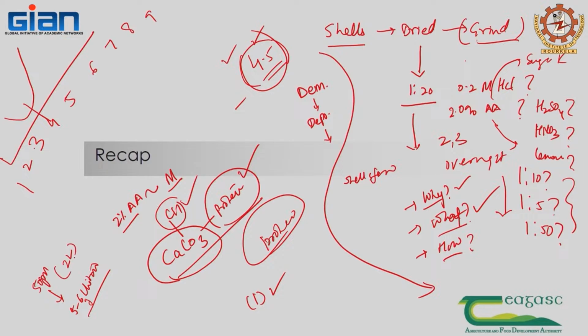Think, to make 100 kg of chitosan, how much shells will be required and how much water will be used. This is the volume we are talking about. So that's the way things go up in order. Now by doing so, you are able to get all your chitin or chitosan from shells. Any questions so far related to the experiment?